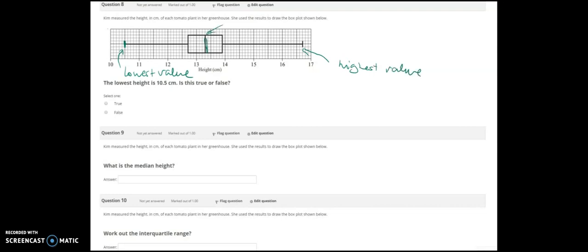This is the median. This is the upper quartile. And this is the lower quartile.